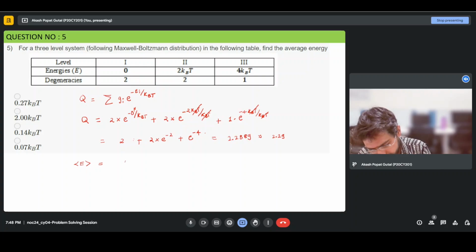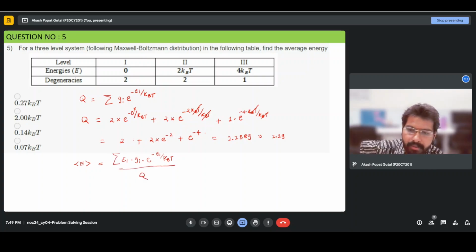We can say it's the energy of the ith level times its degeneracy times e raised to the power of minus its energy divided by kBT, and we do the summation over all, divided by the partition function.